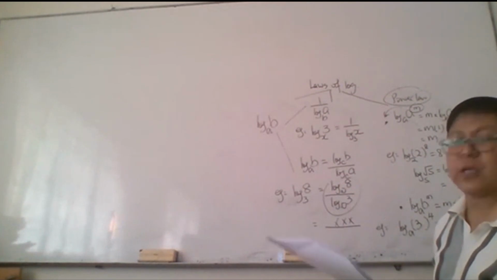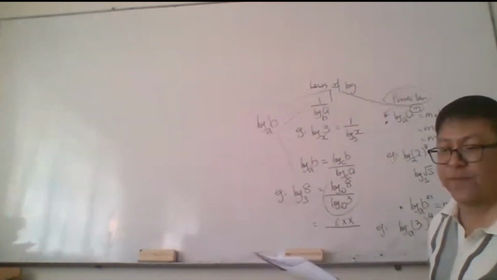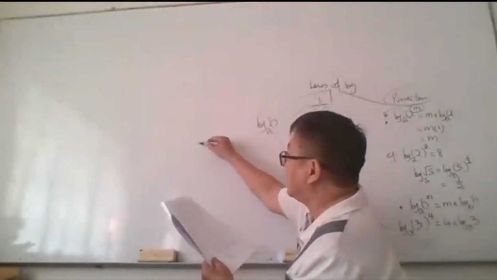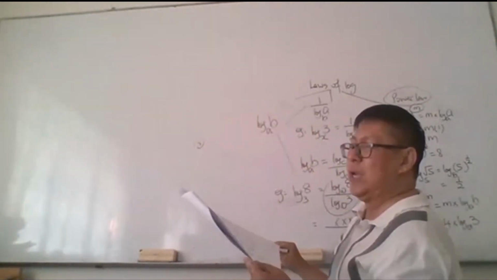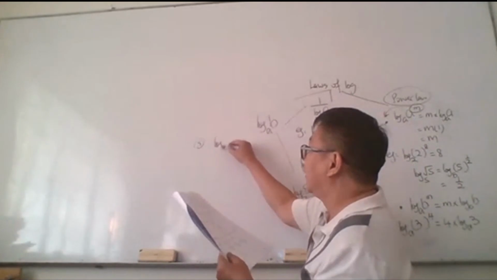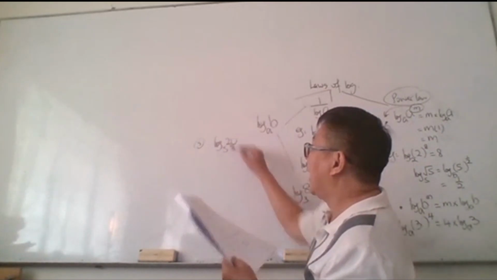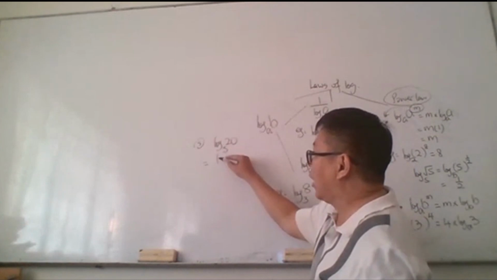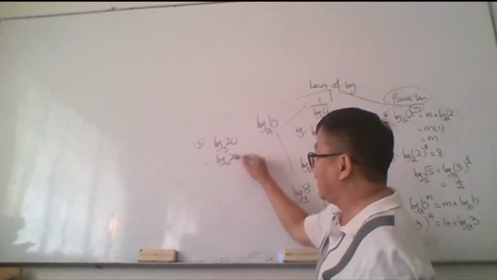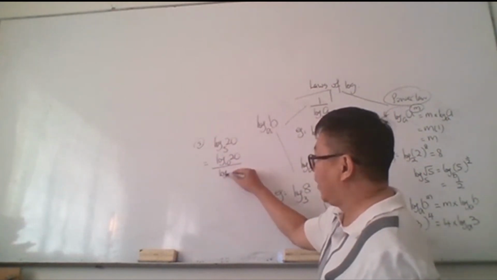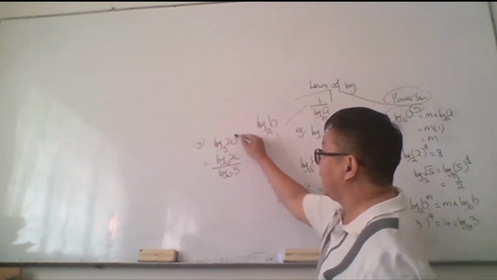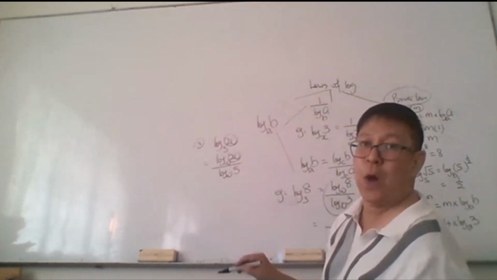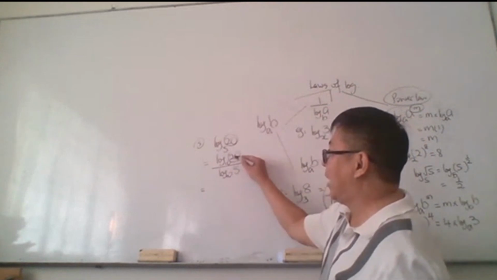Please look at your example number 5. I already show you one example here. The question asks you to evaluate log_5 20. How to calculate this value? We must change to the common log, base 10, so that 20 is still on top and 5 is the denominator, and you can press the calculator.